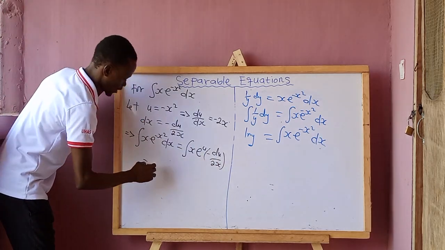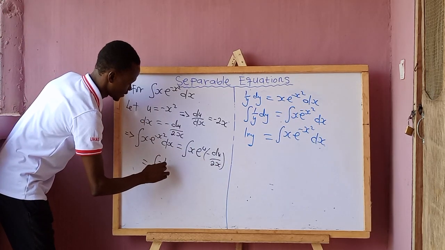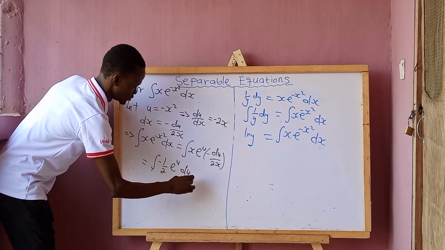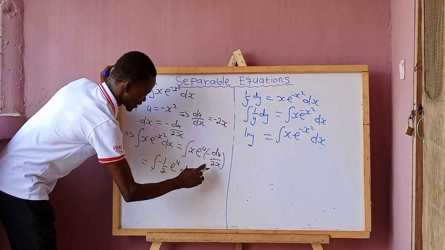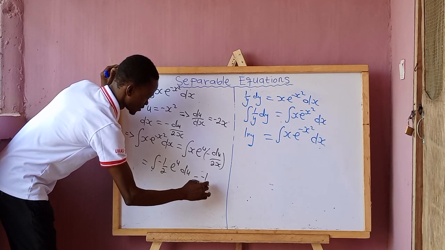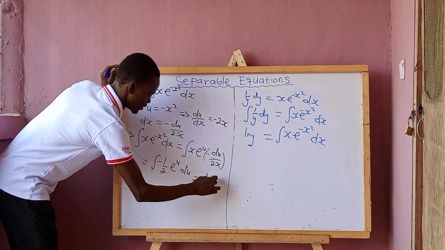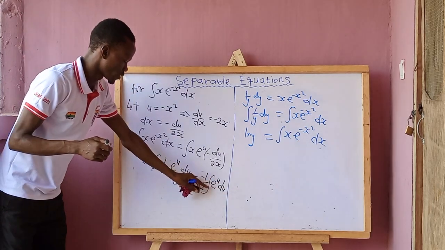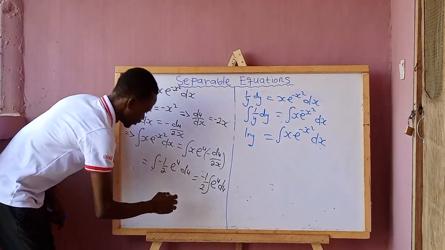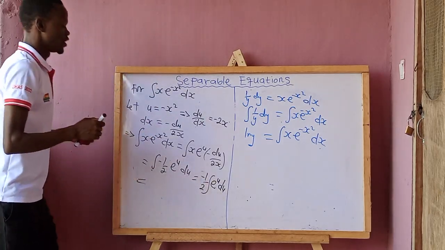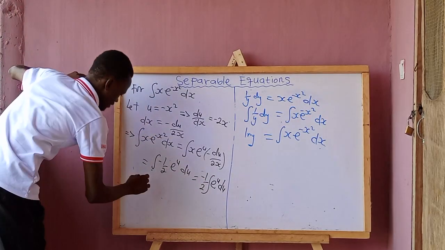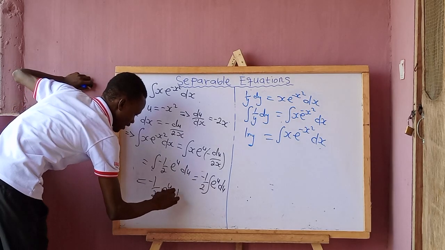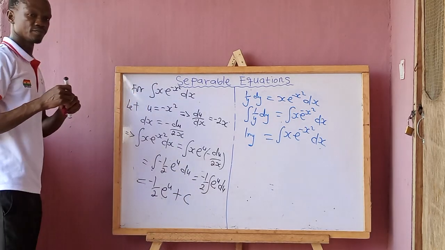So we have the integral of negative 1 over 2 e raised to the power u du, which can be rewritten as negative 1 over 2 outside the integral sign, e raised to the power u du. We integrate with respect to u. Integrating e raised to the power u gives us the same thing, so we have negative half of e raised to the power u plus the constant of integration c.